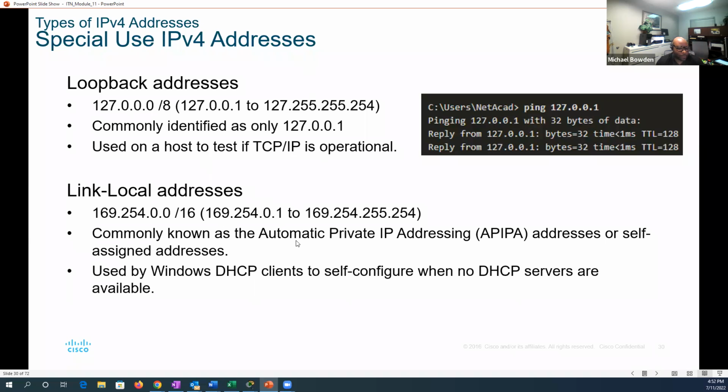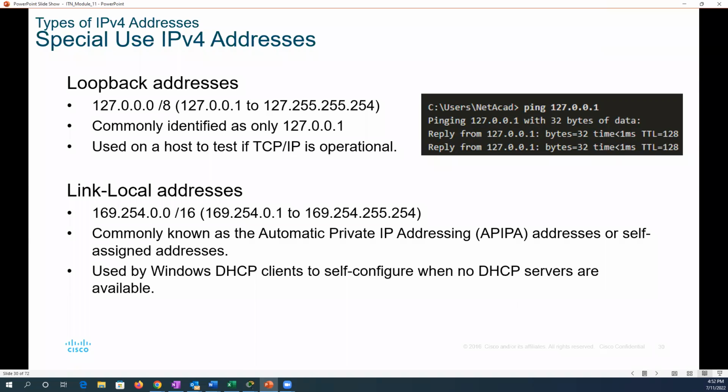And then about the PIPA address, if you don't have a DHCP server, it's going to assign that address. When I look at a PC and see this address, I know that we have issues, that my PC isn't getting an address from the DHCP server on our network.